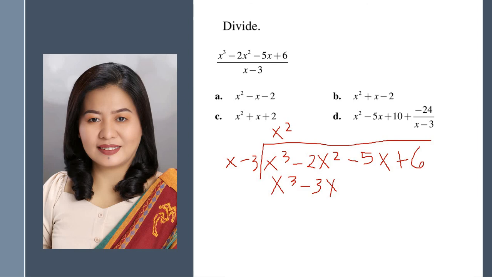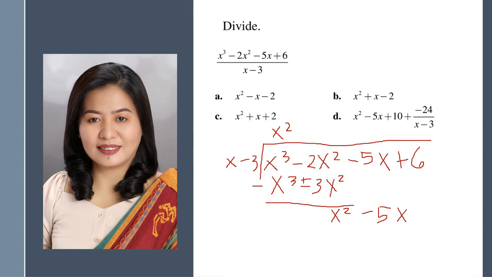And then we have to subtract. So that's already 0, and this one changes to its opposite, so they have opposite signs already. Negative 2 minus negative 3 is 1, so we have x squared minus 5x.